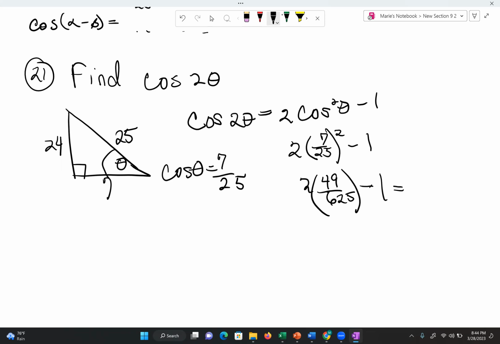So I get negative, and if I go to, let's see, I should get negative 527 divided by 625. And so that's the gist of that question. This answer choice should have been answer choice A.